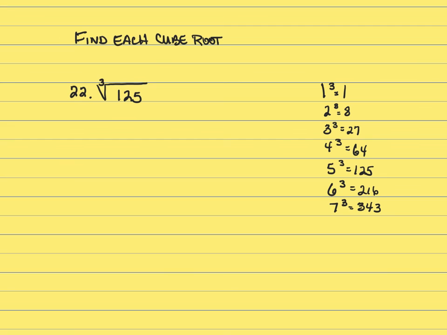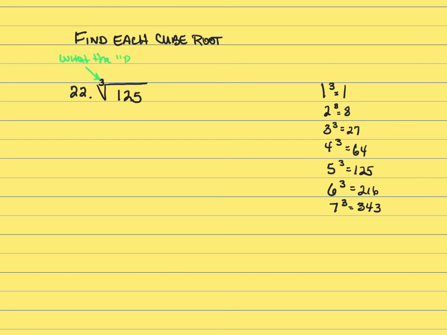In our last problem, it says to find each cube root. So for number 22, it is, what is the cube root of 125? How do I know it's not the square root? This number here tells us what the root is.